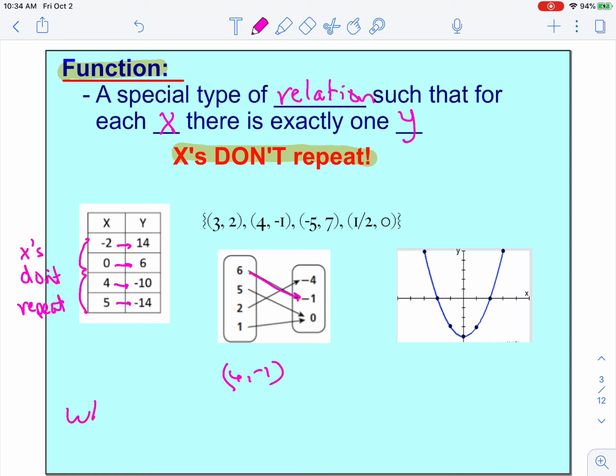So we ask ourselves this question: when X is blank, Y equals blank, and here we can only have one answer, or one value.